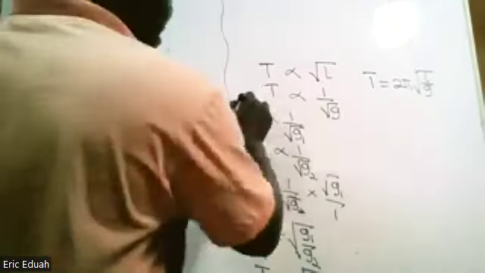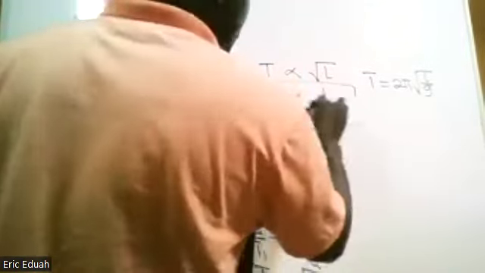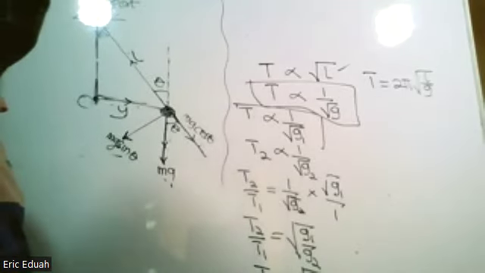So for different accelerations due to gravity, this is the relation to work it out. Just as for different lengths, this is what you have to use. I hope it's clear, class.